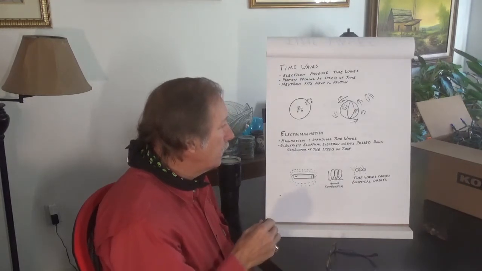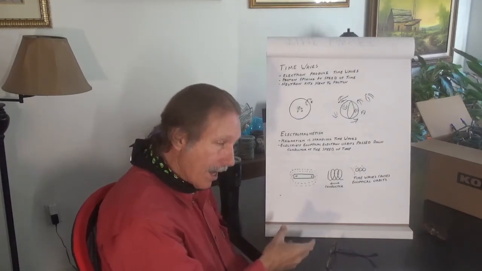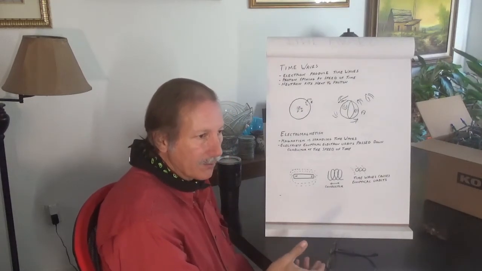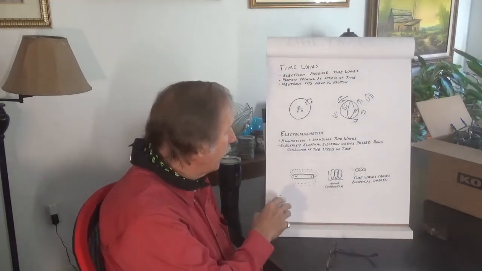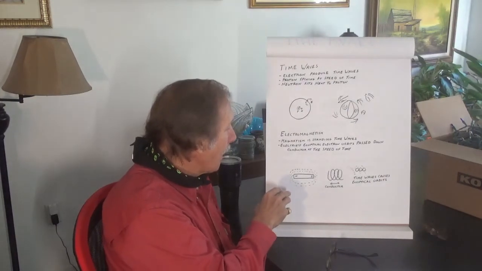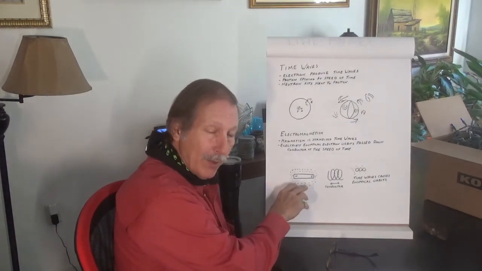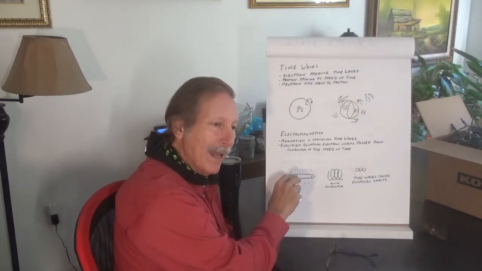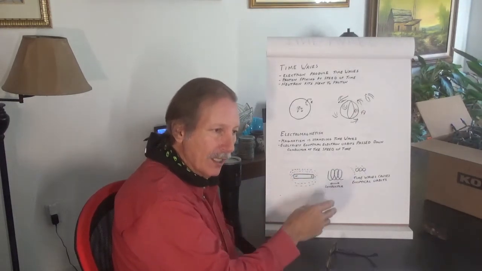Now, I'm going to bring in another concept. I'm going to leave this one off other than to mention Maxwell's equations a little bit later. So we have a standing time wave that is magnetism, and then that magnetism produces electricity.